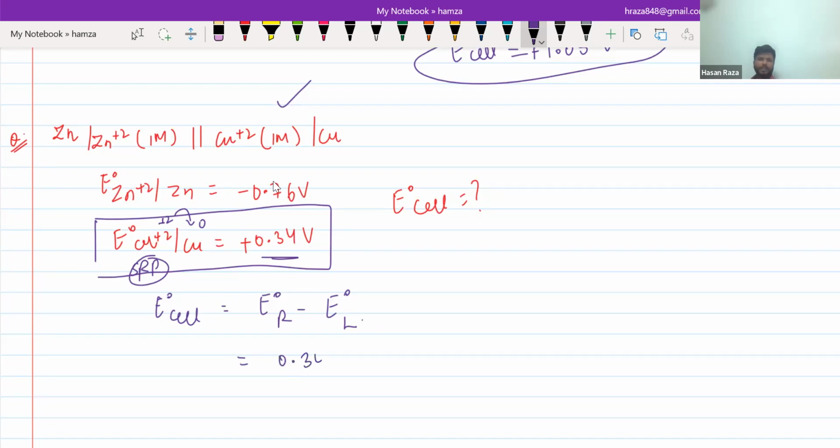Okay, 0.34 minus, on the left hand side, this is zinc, and it is also a standard reduction potential. It is also good. So minus 0.76. When you add it, you will get 1.1 volt. Is that clear, Hamza and Sneha?